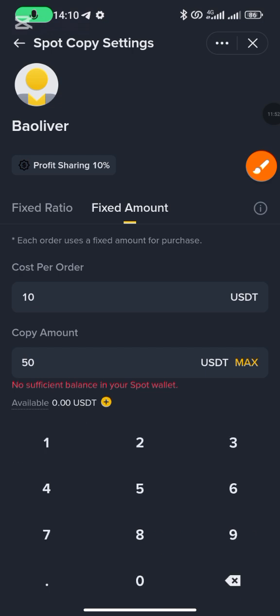So in essence, it means that we can copy about 5 trades. Remember, $100 times 5 is $500. So this cost per order is the amount of money you will use to copy each particular trade that is initiated, and this total copy amount is the amount of money that you will use in total, which will be shared to copy individual trades. All right, I hope I made the point clear.